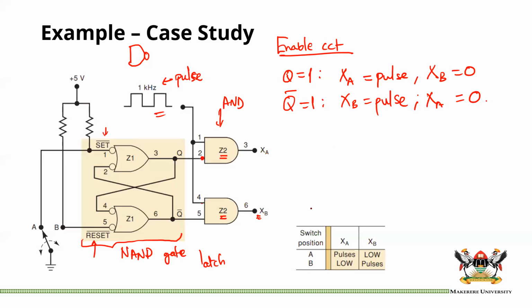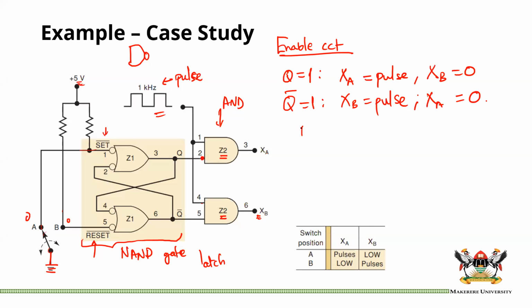So basically this truth table is instructive. You have the switch position. You can see here the switch is connected to the ground, meaning that if the switch is connected to A, then point A is a 0. If the switch is moved to B, then point B becomes a 0. So if we connect it to A, this 0 goes into the set, and obviously B is not connected to the ground, so its output will be 1.